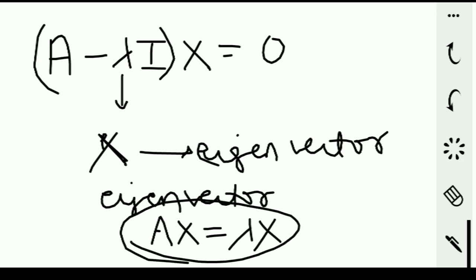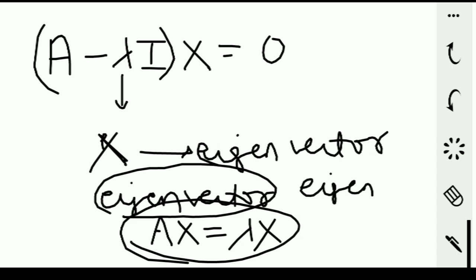If there are two eigenvalues, there will be two eigenvectors corresponding to those two eigenvalues.